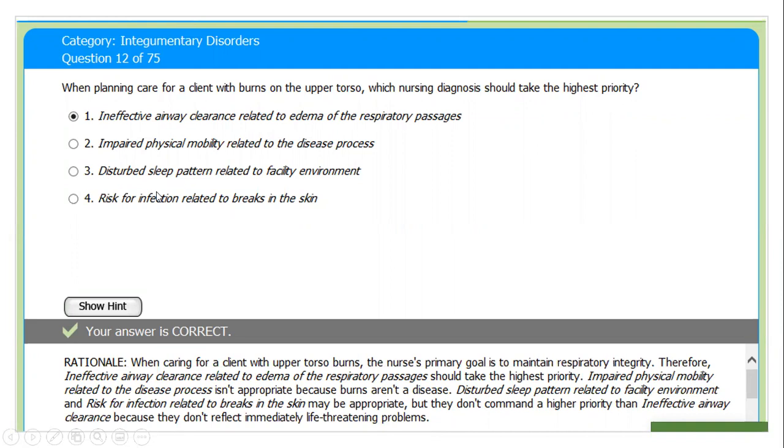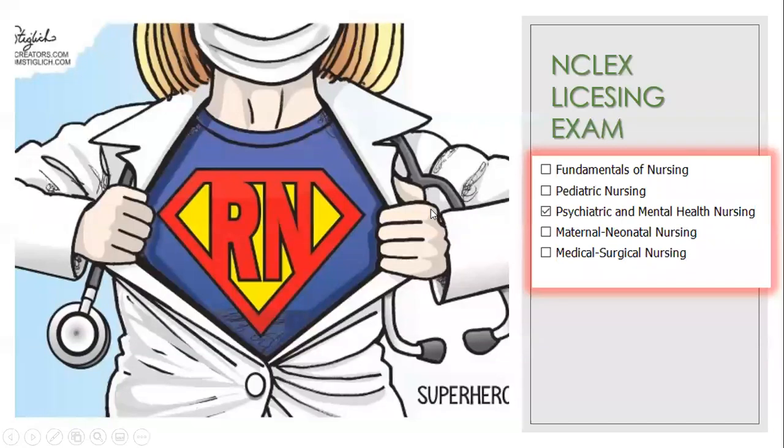Risk of infection and sleep disturbance are not life-threatening, but airway clearance is life-threatening because it can cause the stoppage of respiration. So these are a few questions and answers. It can help you pass the NCLEX licensing exam.